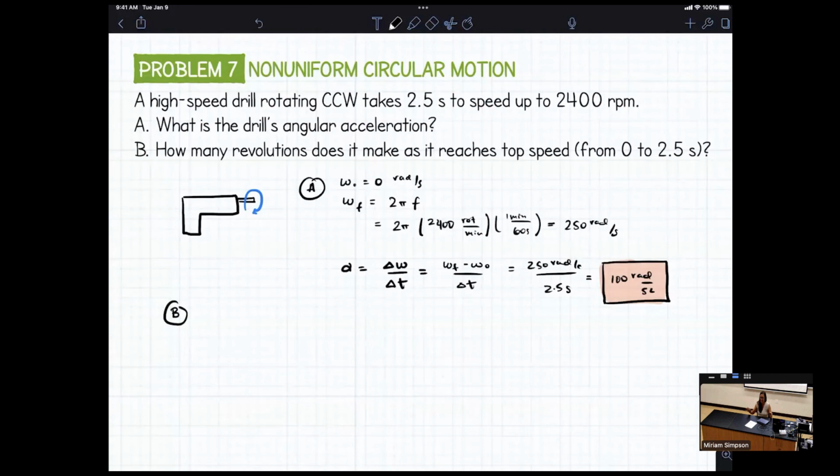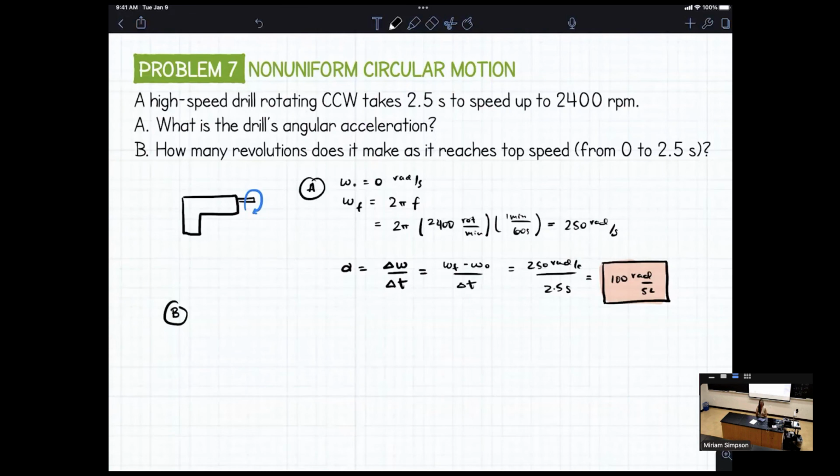And if we get a distance in radians, how do we decide how many revolutions that is? Well, how many radians is one revolution? How many radians are in one whole circle? Something with a pi in it. 2 pi. Yes, okay? So if we calculate how many radians we go through in this time, then we can calculate how many revolutions by dividing it by 2 pi.